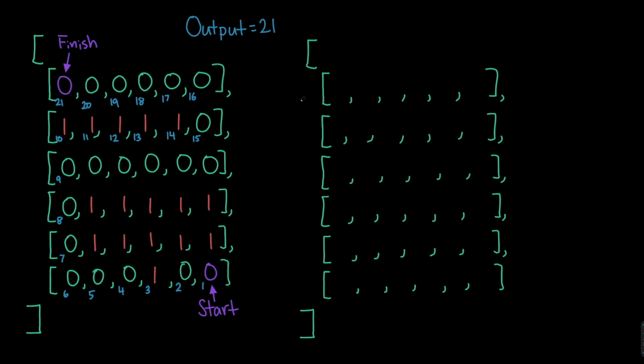A zero means that that particular location is something that you can pass through. It's totally fine. A one means that that location is a wall. You're not allowed to pass through it. So you're going to start in the bottom right corner of the input grid, like I've marked here. And your end goal is to end up at the top left corner of the grid right here.